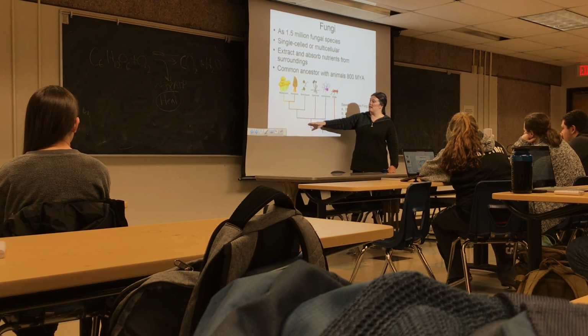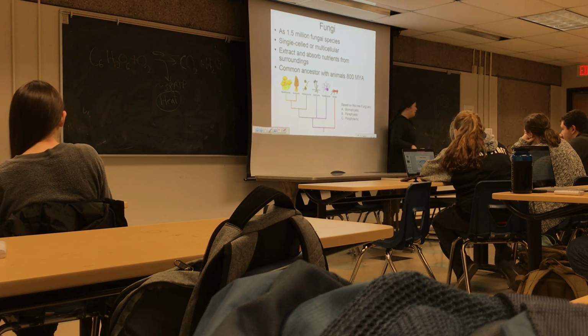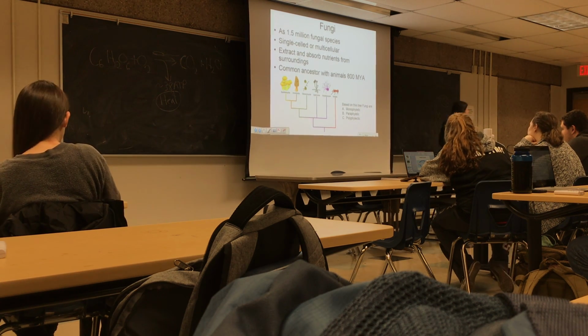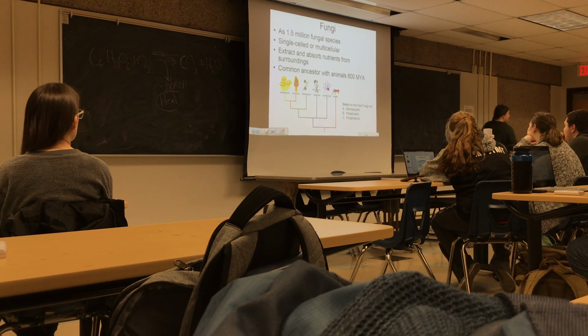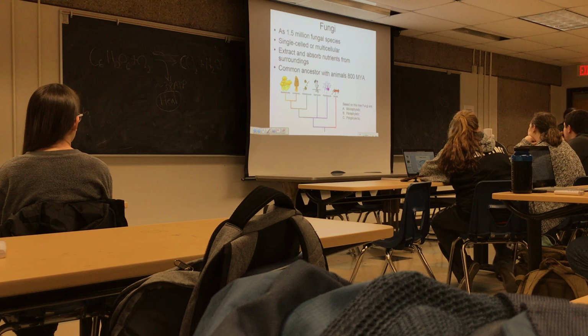So if a group contains the common ancestor and all descendants of that ancestor, what kind of group is it? Monophyletic. So this is a monophyletic group. Most people actually said paraphyletic. A monophyletic group contains the common ancestor and all descendants of that ancestor.